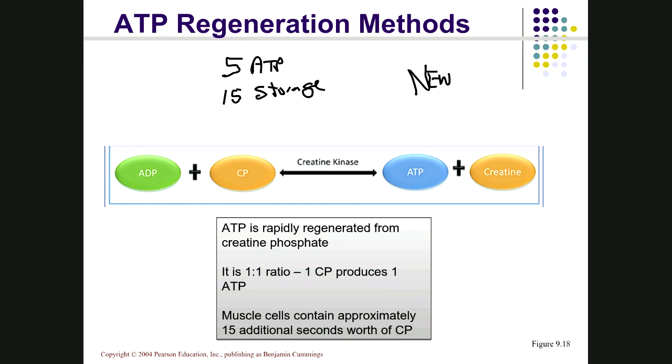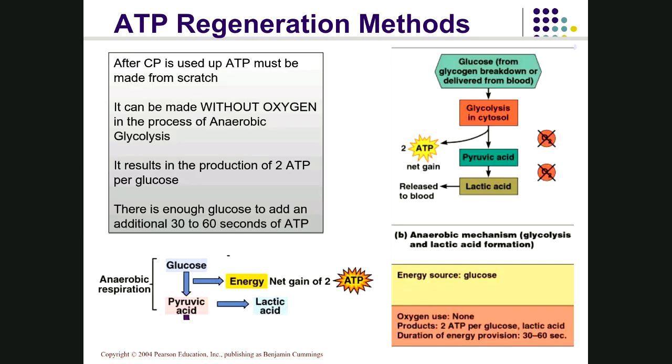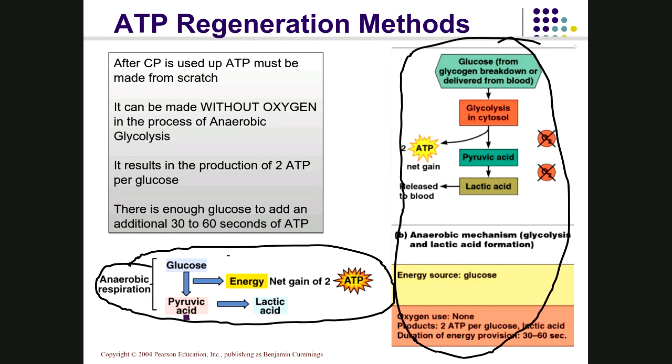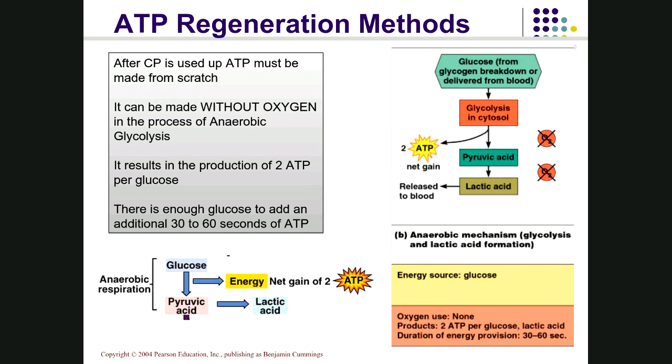And there are only 2 methods that animal cells have to create new ATP. One of those is anaerobic glycolysis, and the other one is aerobic respiration. So let's look at anaerobic first. So remember what anaerobic means.